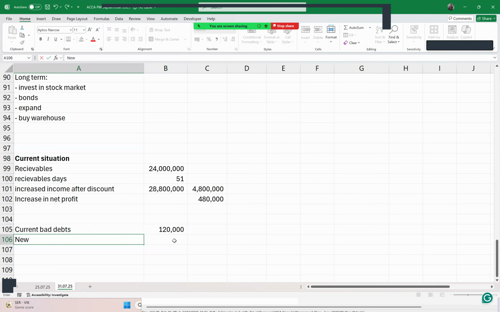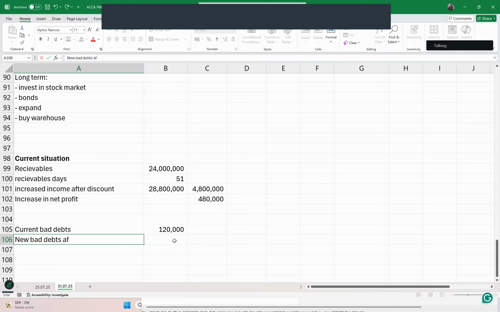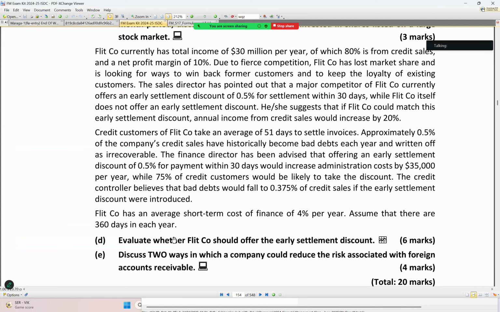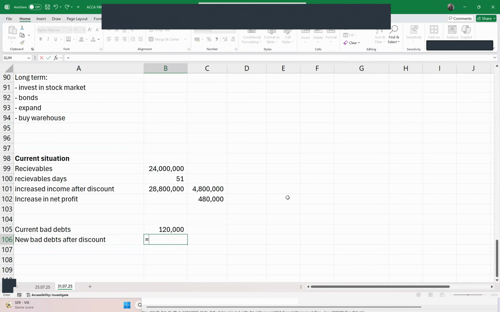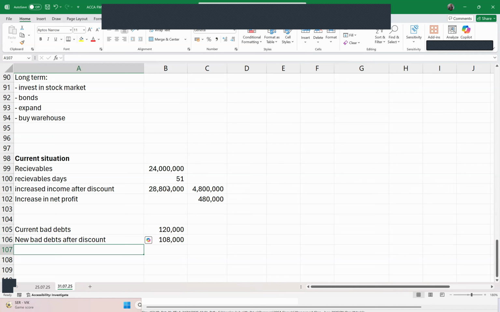Then the new bad debts after the discount is going to be 0.375% multiplied by the new receivables, which is 28.8. So 108,000.